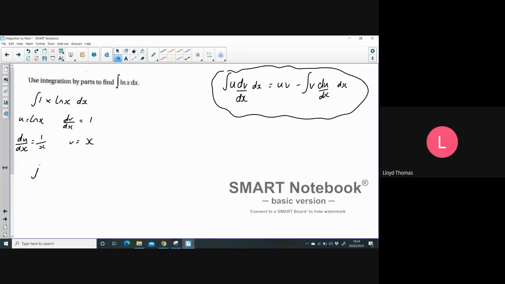So for my integral of ln of x, or technically 1 times ln of x, it is uv. So that's x times ln of x. We could just put it in straight away like that. Take away the integral of v du by dx. So that's x times 1 over x dx.